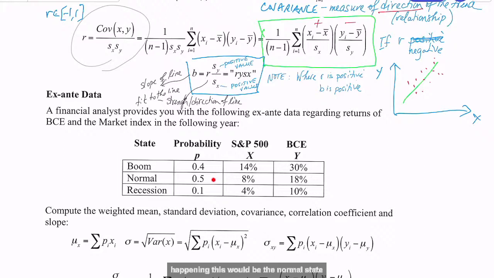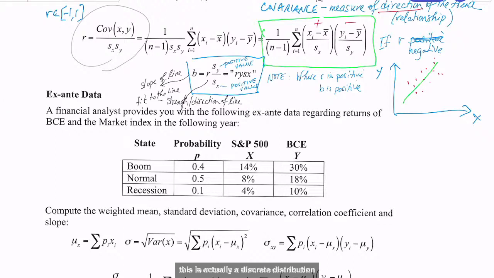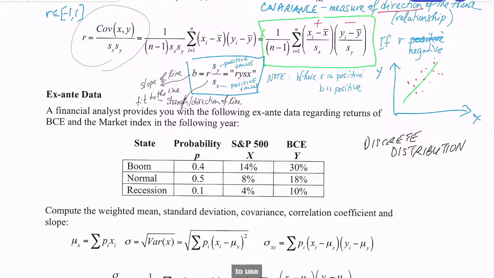This would be the normal state at 50% chance. Okay, so this is actually a discrete distribution, just to be clear. I think I mentioned it last class, discrete distribution, because there's only 3 possibilities. That avoids calculus that you would have to use if it was a continuous distribution.